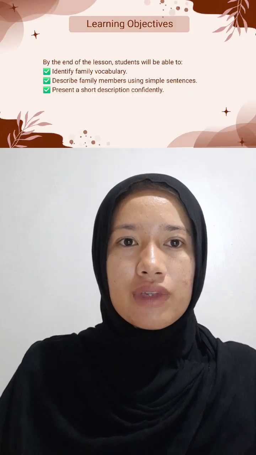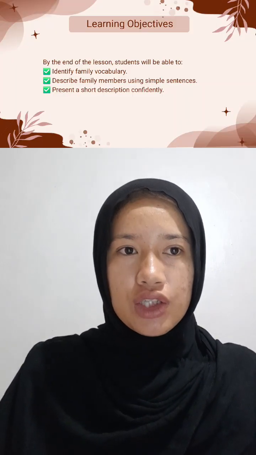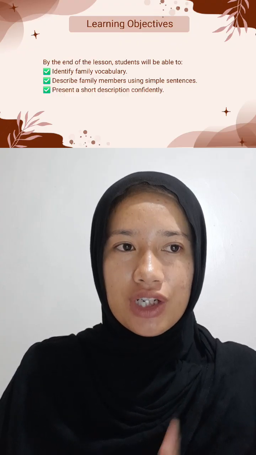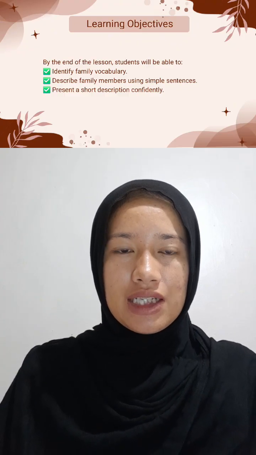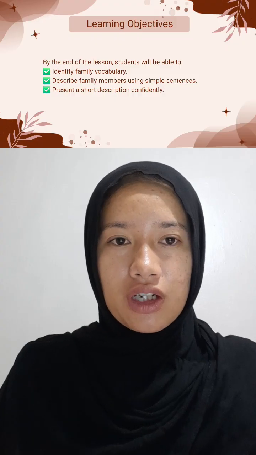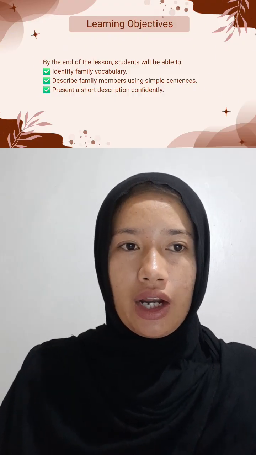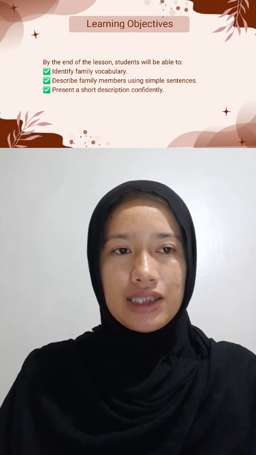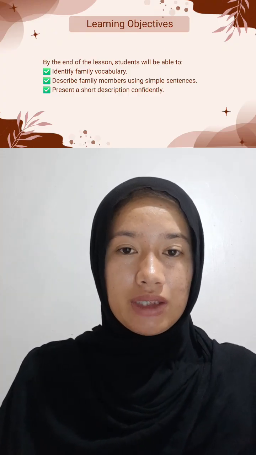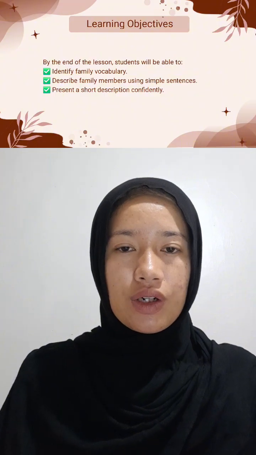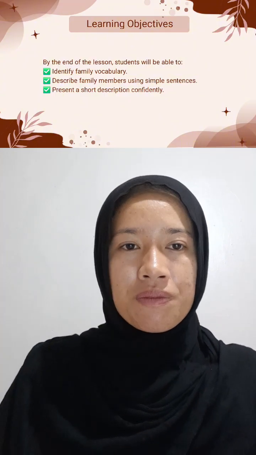And the next is the learning objective. By the end of the lesson, students are expected to achieve 3 objectives. The first is to identify family vocabulary. Students should be able to recognize and understand words related to family members, such as father, mother, brother, sister, auntie, uncle, and others.